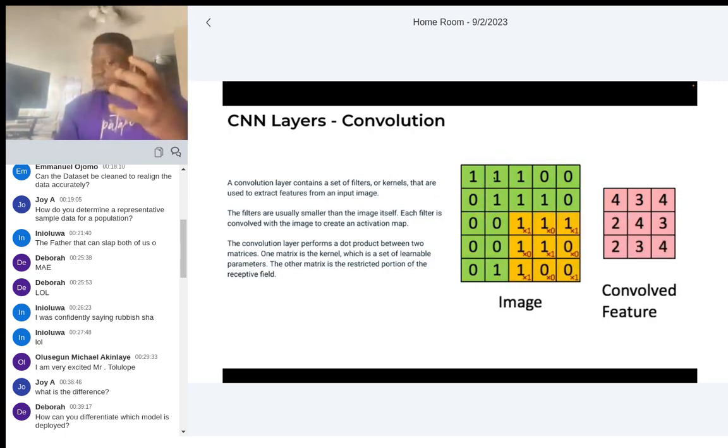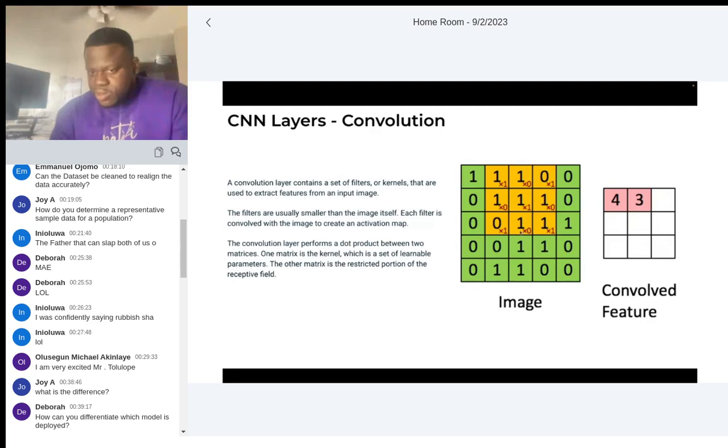What does it entail? It entails interaction between an image or an input and a kernel or a weight. The yellow box is the kernel: 101, 010, 101. If you multiply, 1 times 1 is 1, this is 0, and this is 1, so that's 2.